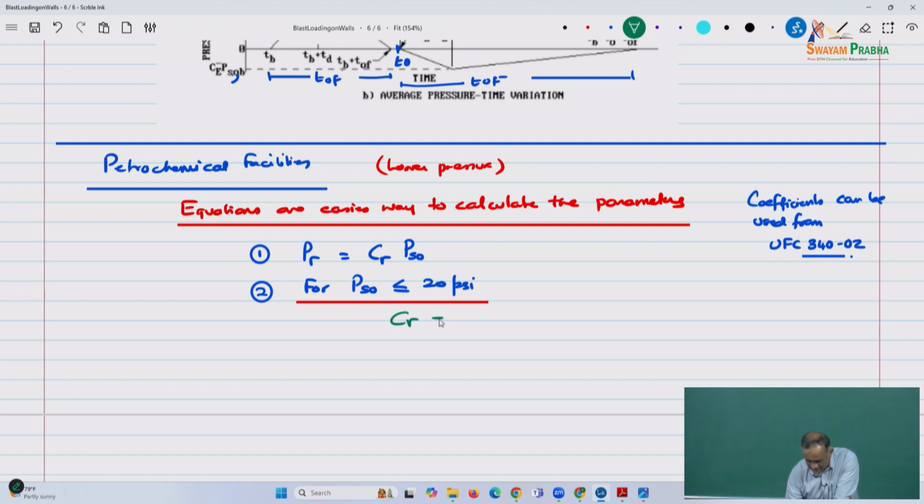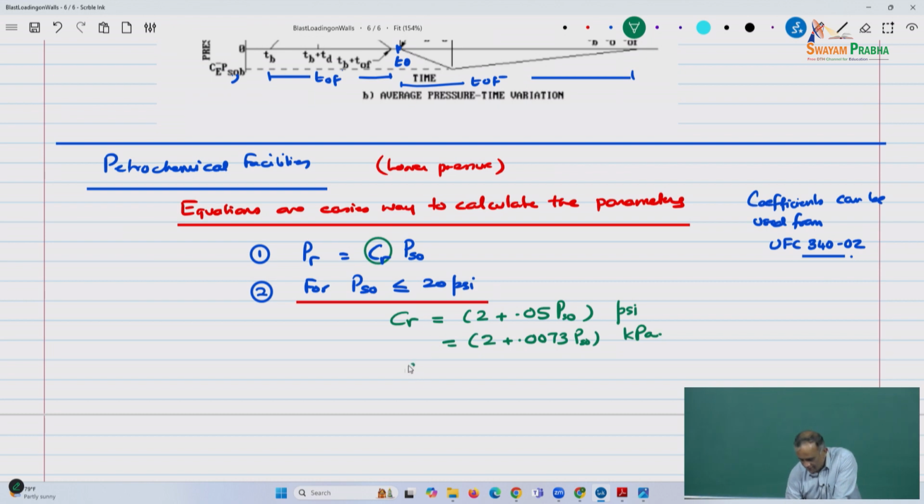So CR is given as 2 plus 0.05 PSO, and this is in PSI. So remember, when you use PR, there is a CR multiplied by a PSO. This is in PSI. If you're using SI, this is 2 plus 0.073 PSO in kPa.